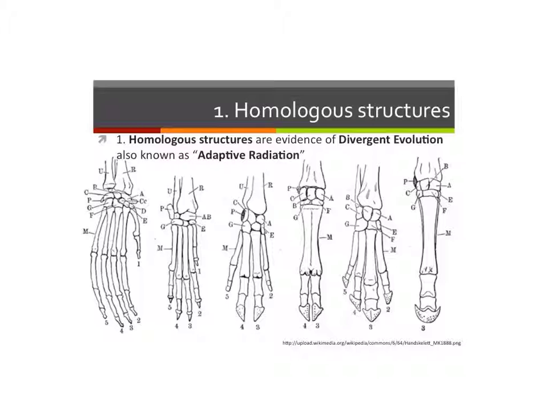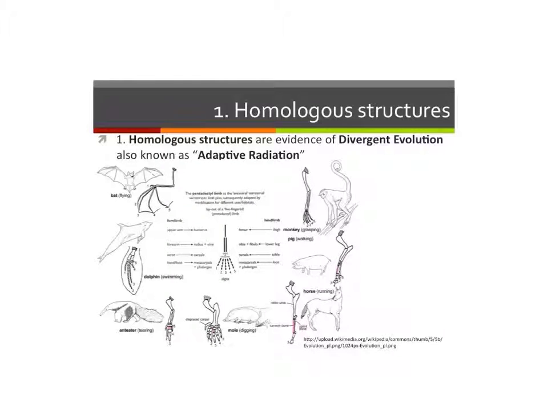We call this adaptive radiation or divergent evolution because each of these organisms diverged from a common ancestor. So while in every organism in this picture, the pentadactyl limb serves a different function, the structure itself in the hand bones is very similar across all organisms.